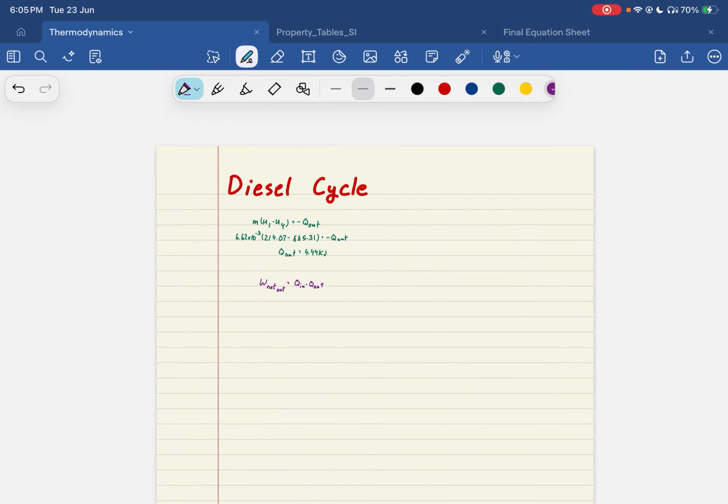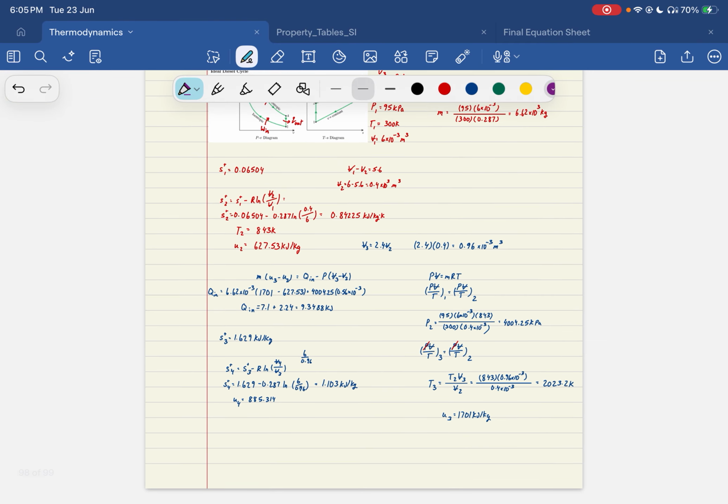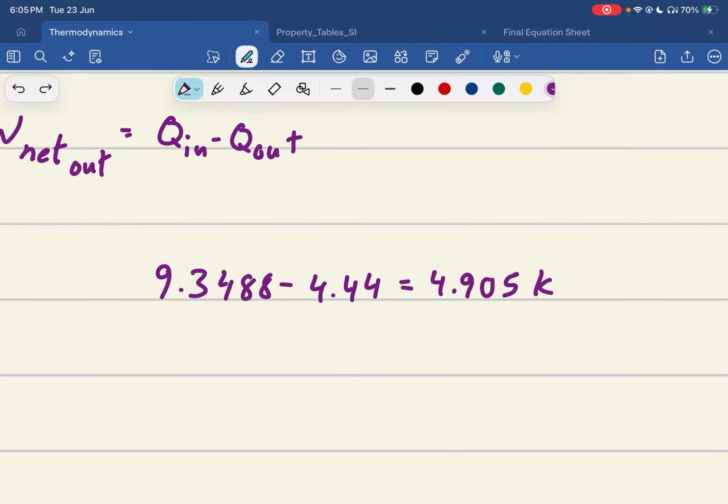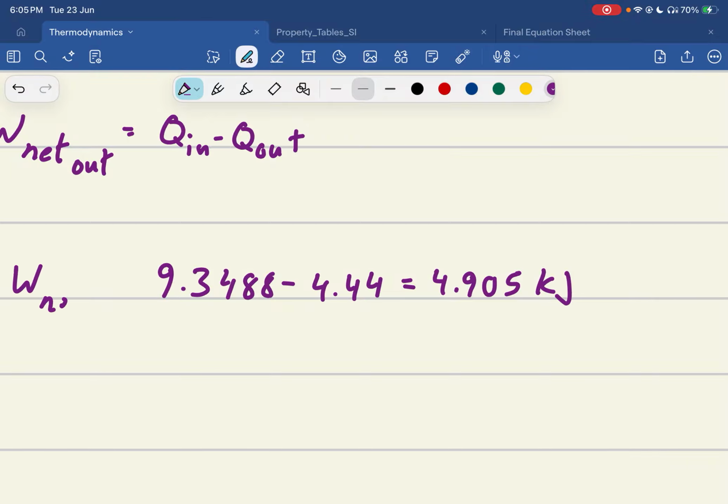And that's going to be 9.3488 minus 4.44, and that's going to be equal to 4.905 kilojoules. That's work net out. That's the answer to your first part.